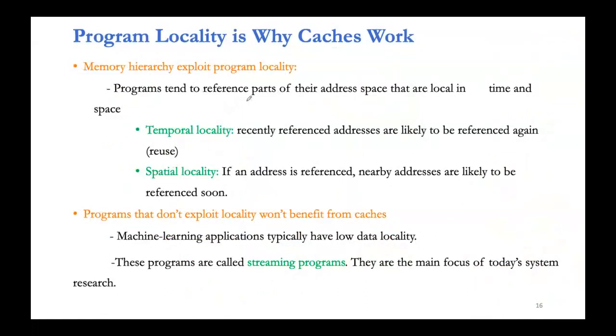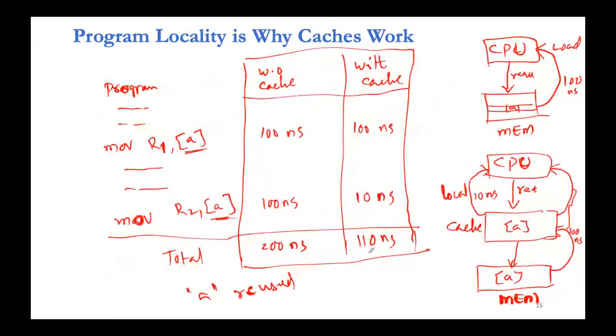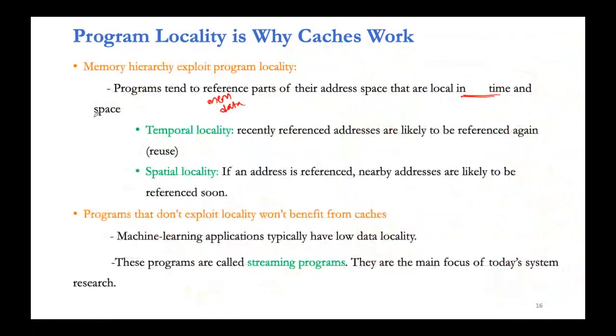Programs tend to reference parts of their address space that are local in time and in space. Reference here means the memory address of your data. So there are two types of program locality, which we call temporal locality and spatial locality.